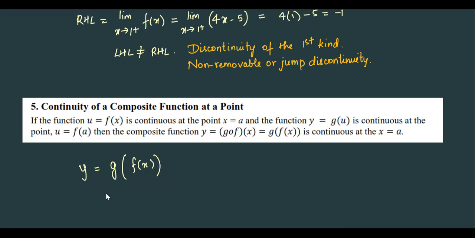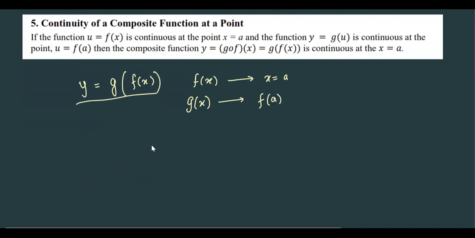See, for this function to be continuous here, f of x must be continuous at x equal to a, and g of x must be continuous at f of a. All right, when x goes to a, g should be continuous at f of a. Then we say the function is continuous.